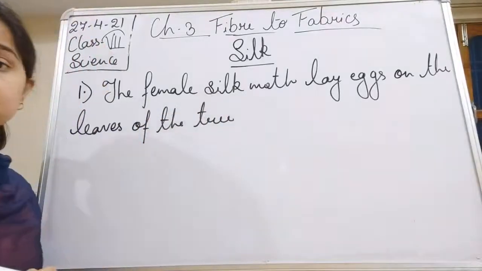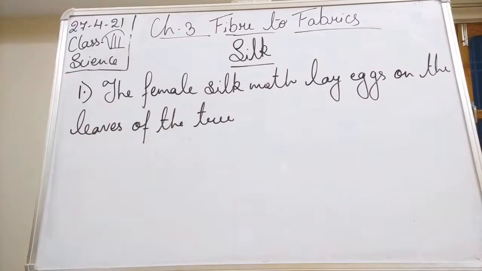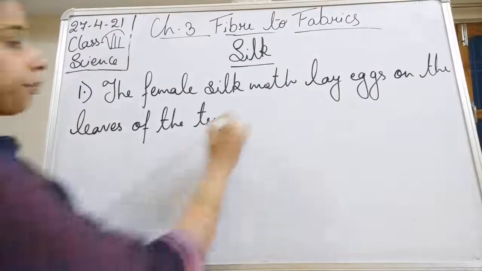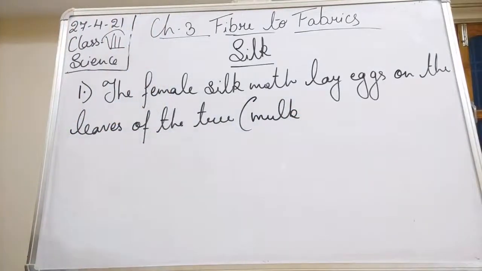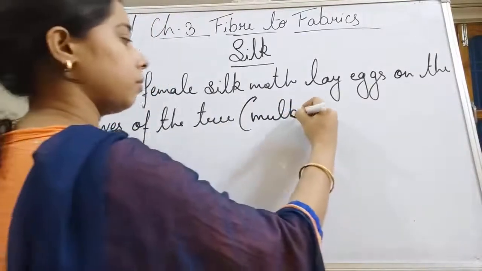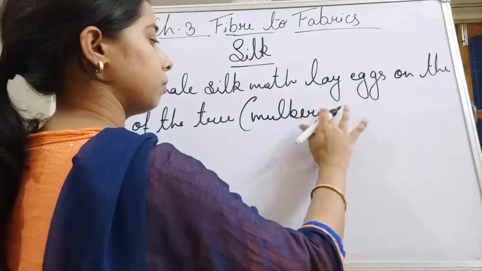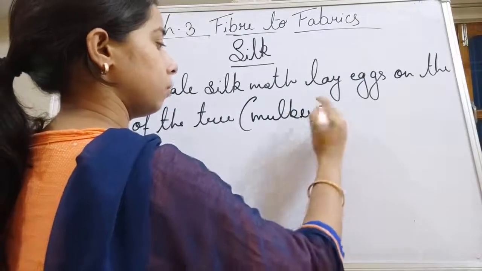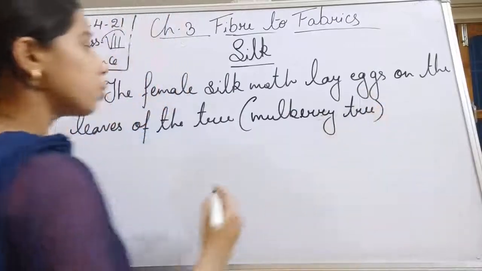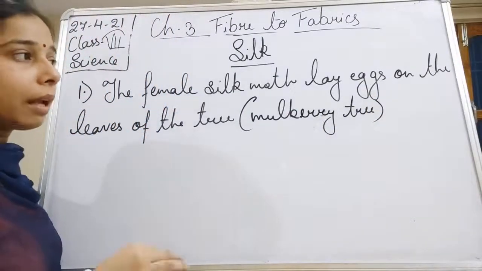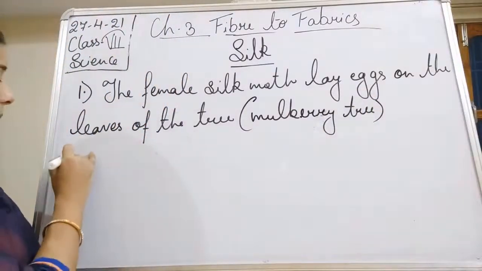Which tree? The mulberry tree. So at first the female silk moth lays eggs on the leaves of the mulberry tree.